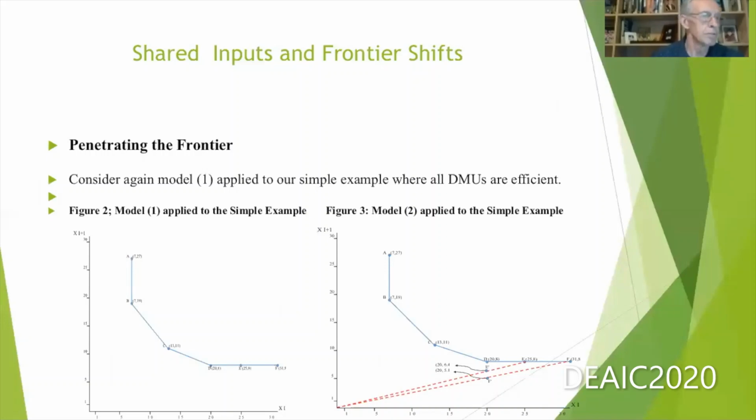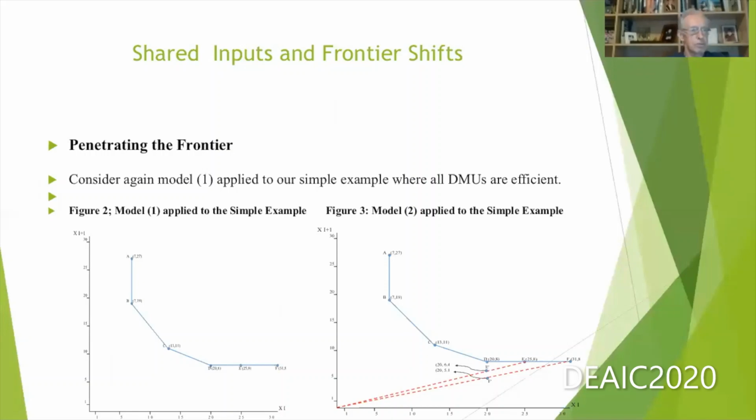While on the surface, Model 2 might appear to provide an appropriate way of dealing with the issue of shared inputs, the model may possess a potentially damaging feature. To explain, suppose we apply the model to the simple example considered above.